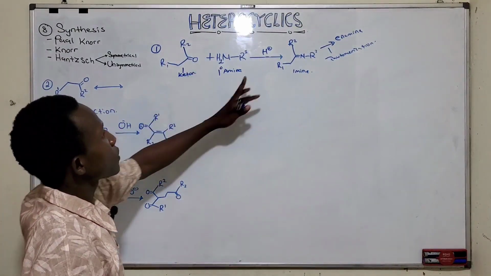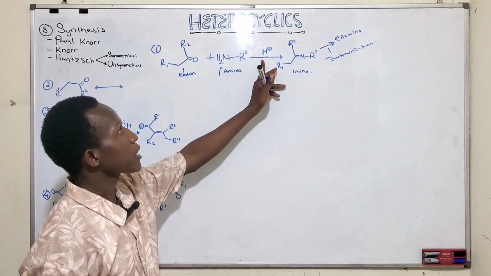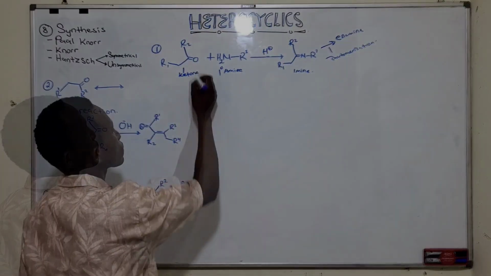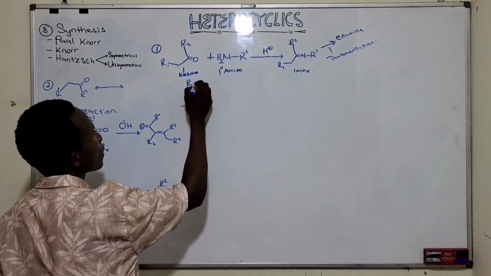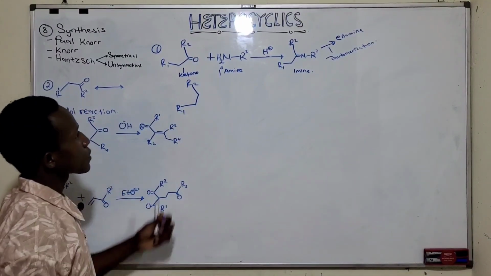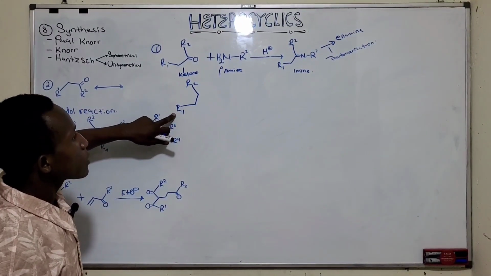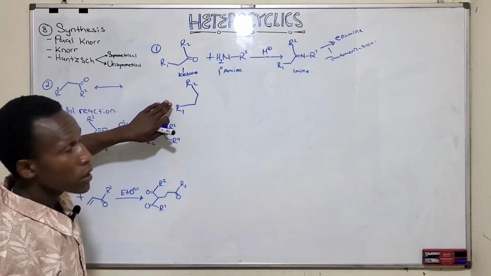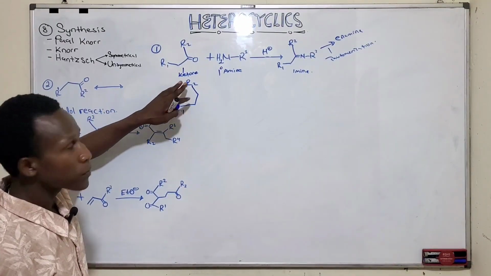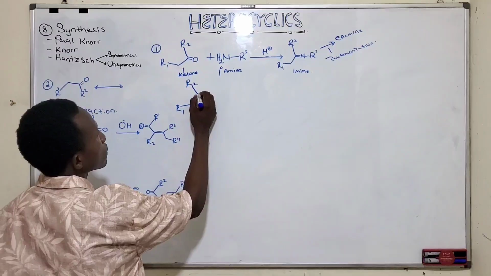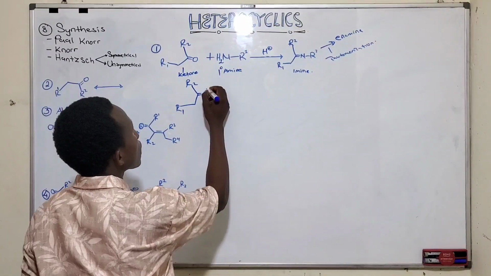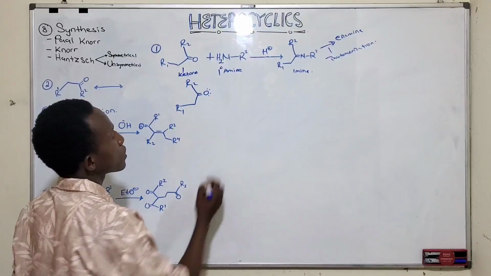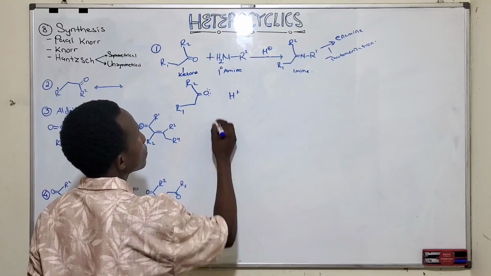If you have a ketone and it is an acid catalyzed reaction, we have a ketone, we have this R2 and R1. R1 just shows that it can be a different substituent, and R2 can be a different substituent. Then this oxygen has lone pairs of electrons. It will attack the proton.